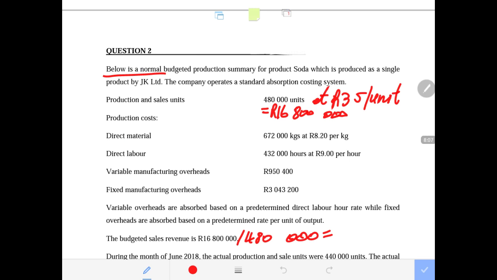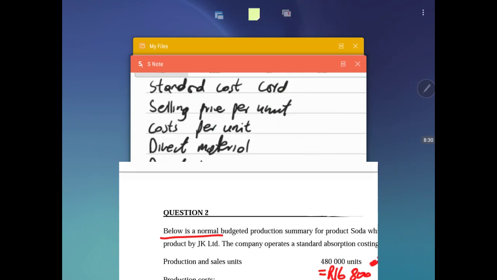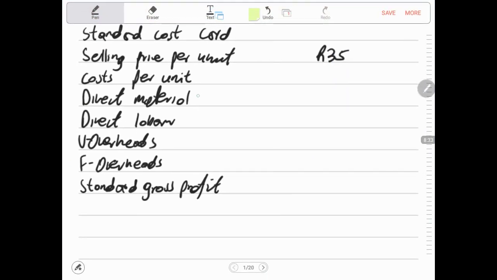We have our direct material as the first component of production, and we are given 672,000 kgs, which is at 8 rand 20 cents per kg. Now this is per kg, so we need to allocate these kgs where they are supposed to be in our standard cost card. Therefore this material is 8 rand 20 cents per kg.